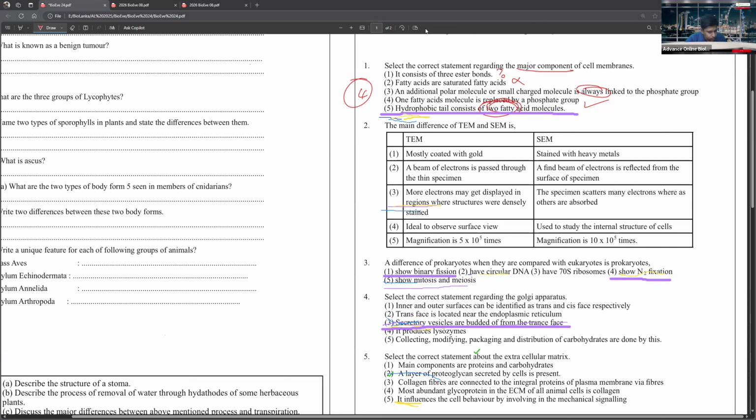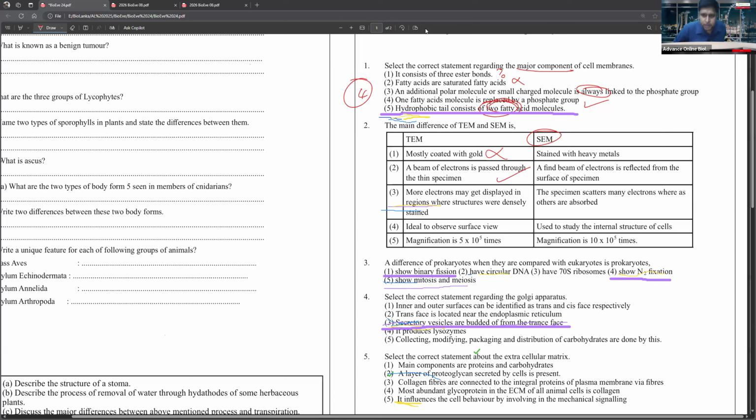Question number 2. The main difference between TEM and SEM. Mostly coated with gold, stained with heavy metals. Gold coating we took for SEM, ne? Wrong. Beam of electrons passes through the thin specimen; beam of electrons reflects from the surface of the specimen.